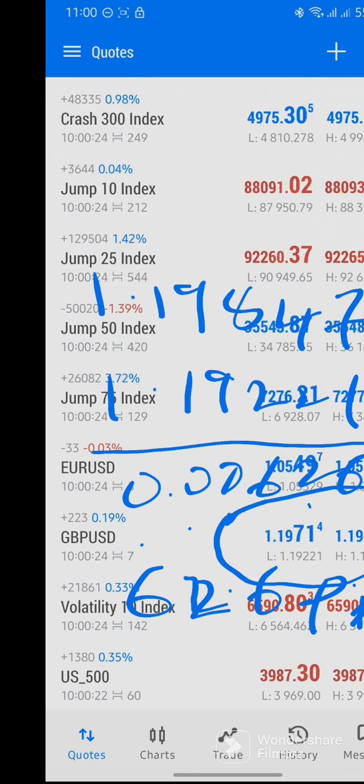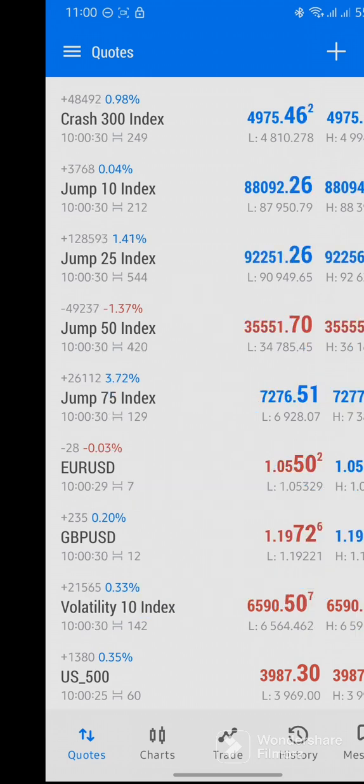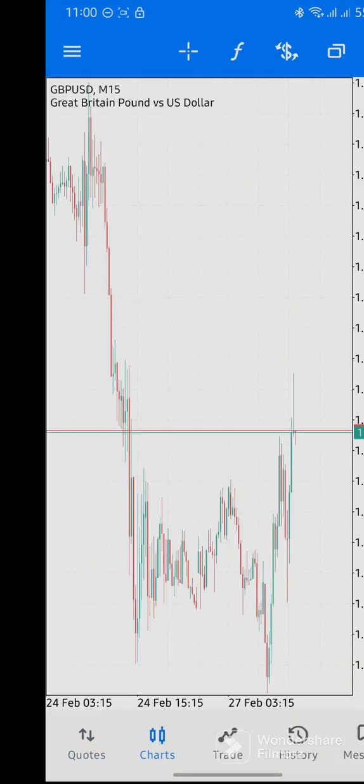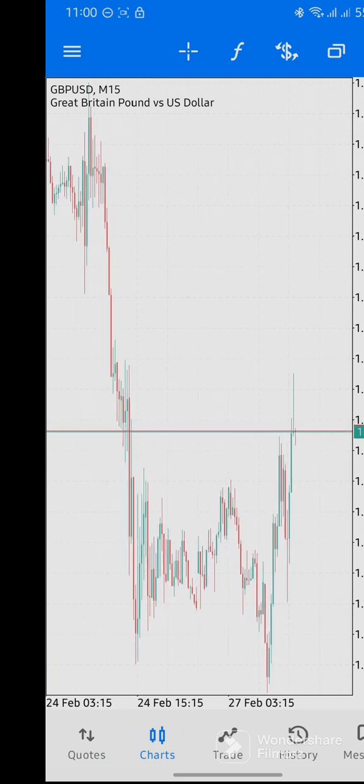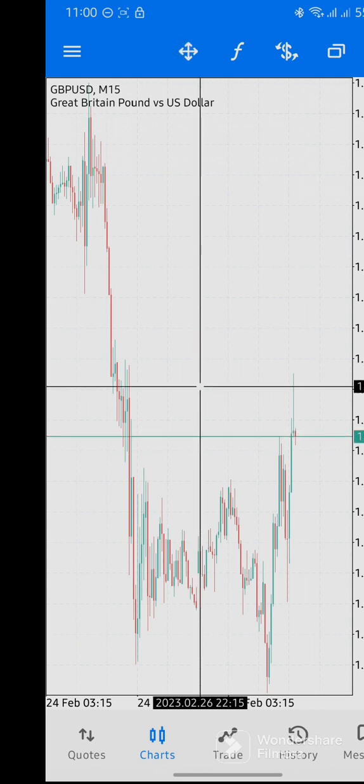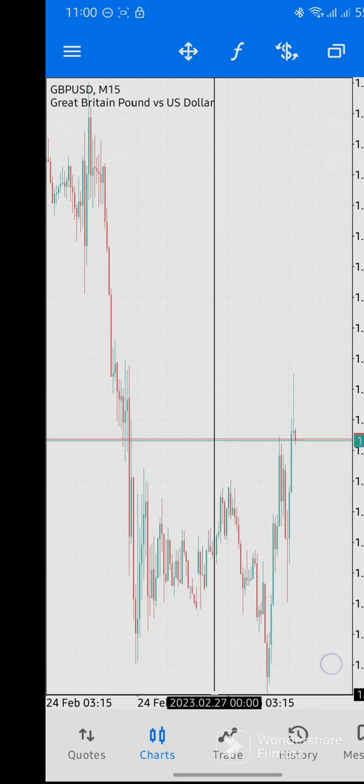So let me show you how to calculate it. With MT5 it is easier to calculate your pips difference. So let me go to the GBPUSD chart now. If you look at this leg of price, this is how you calculate it. You click on the plus sign, take it from the low you want to measure your pips from, which is here.